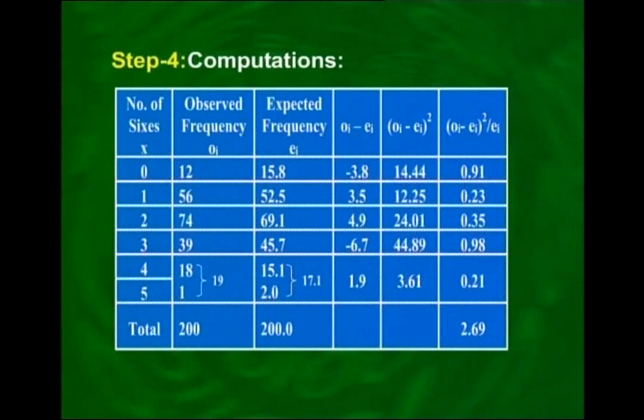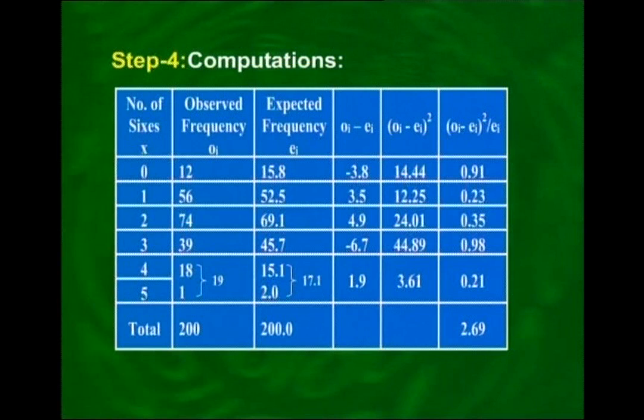As you now see on the slide, in this example, the expected frequency against x equal to 5 is equal to 2.0, and this is less than 5, and hence we will combine the x value 4 with the x value 5, and thus adding the two expected frequencies pertaining to these two x values, our expected frequency of the combined category will come out to be 17.1.